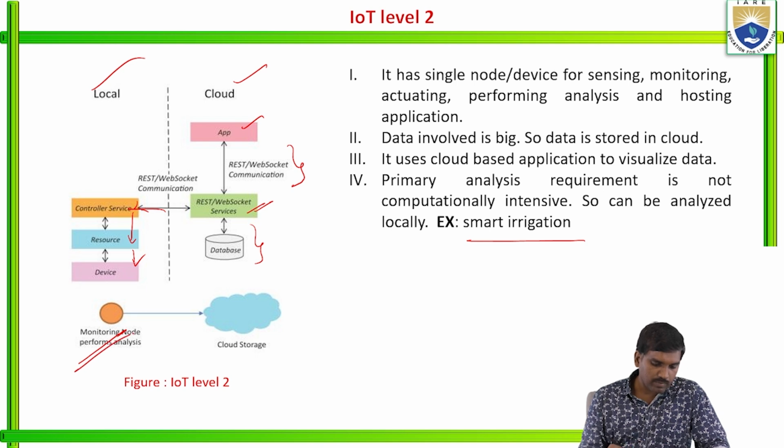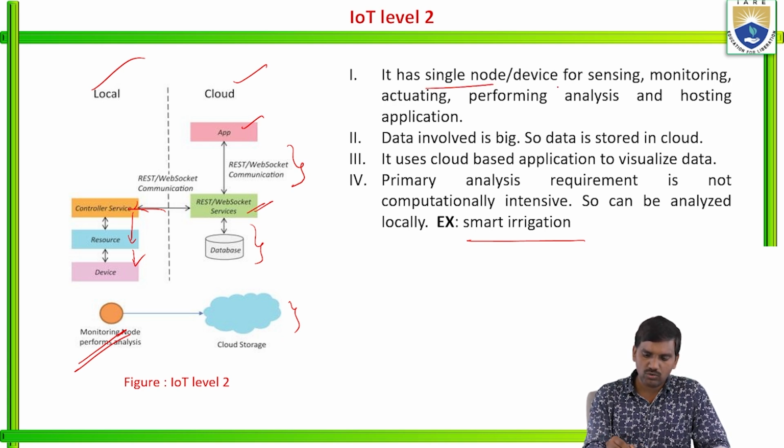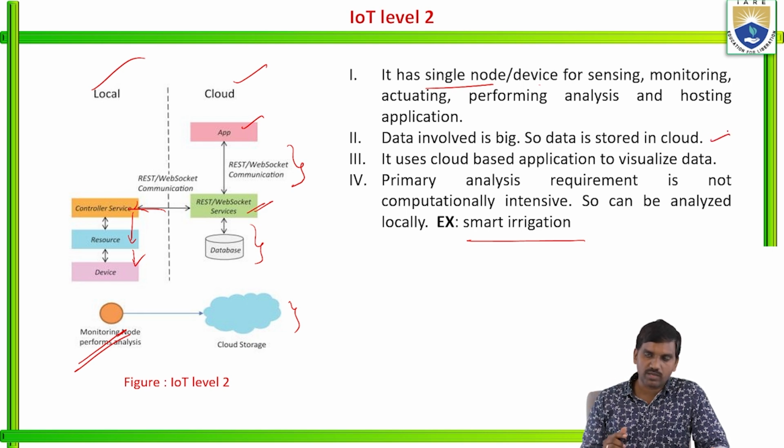This is the monitoring node doing the performance analysis. We have some cloud storage. Here it has a single node device for sensing, monitoring, actuating, performance analysis, and hosting applications. The data involved is big, so the data is stored in the cloud. So this is level 2. The best example for level 2 is a smart irrigation system.